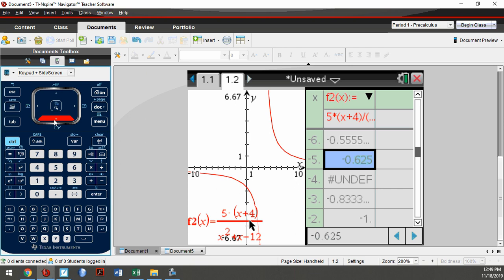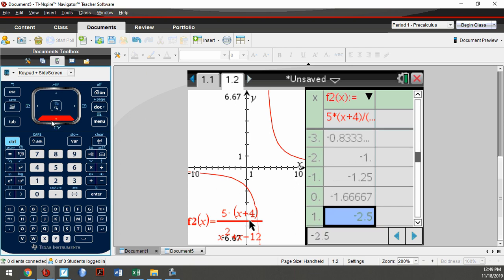Okay? So I'm going to look for some spots that are really easy for me to graph. And whenever I come down through here, I see that -1, -1.25 is easy. -2, -1 is easy. 1, -2.5. 2, -5.